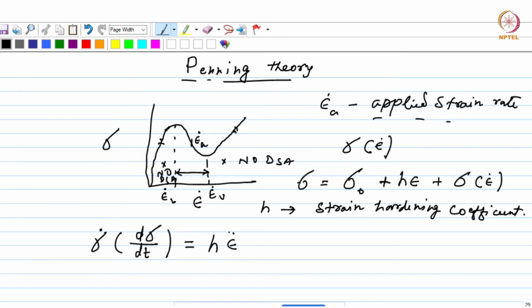Epsilon dot is nothing but d epsilon by dt, that is the strain rate. Plus you have this term over here. And we can also rewrite this in the following manner.